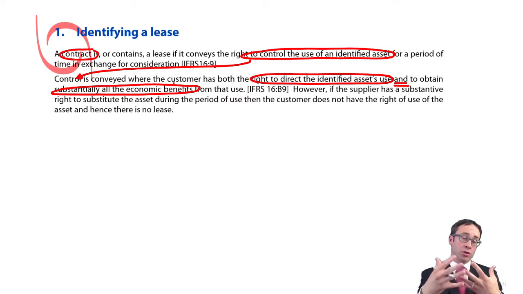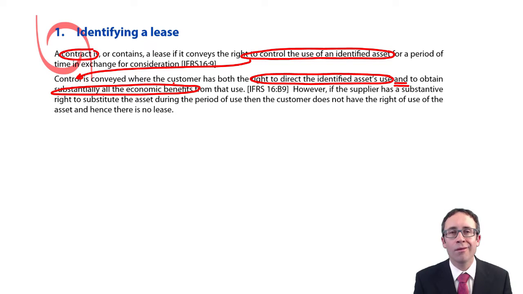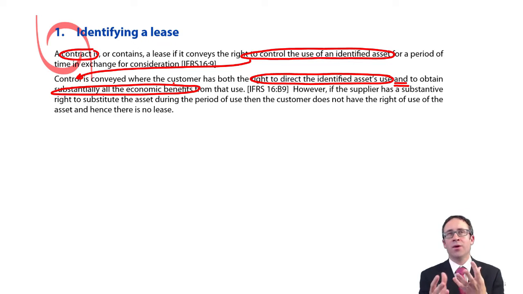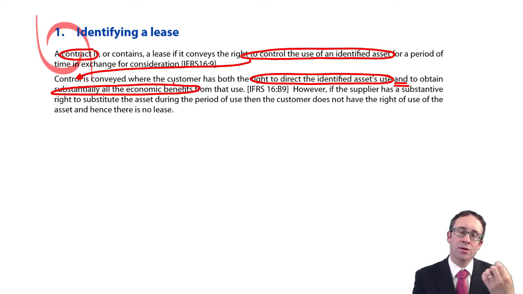Which you should do if you're able to direct it. If you're directing it, you should get the majority, the substantial use of the asset, and therefore the substantial economic benefit. However, there's a little caveat thrown in. This is the way that the standard tends to talk about things initially: the supplier is company A, so if there's a lease, that is the lessor.